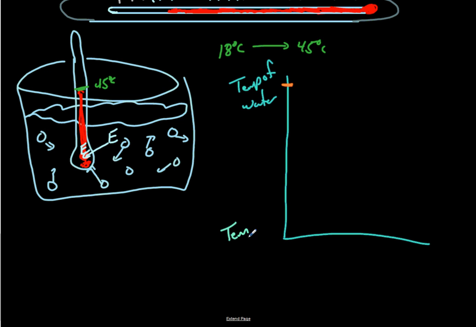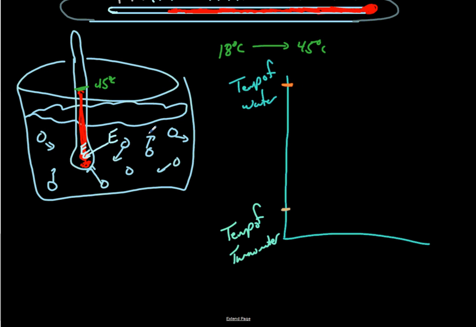Now, in real life, the difference between the true temp and the temp that this thermometer shows is going to be very small because the thermometer itself has very little mass to heat up, right? It's a small thing, it's light, it's got a tiny bit of liquid in it. It's not going to decrease the water temperature much, but we're going to exaggerate the scenario a little bit. Let's say we have a gigantic thermometer, okay? So this is the true temp of the water.